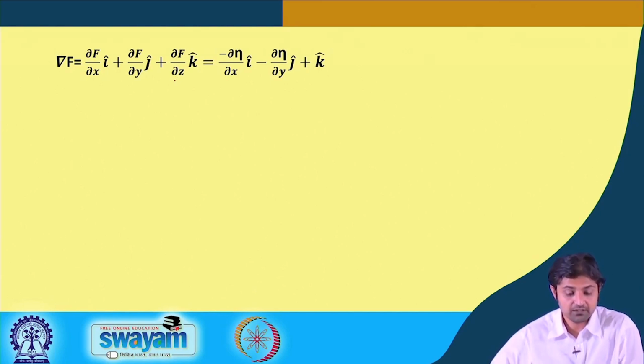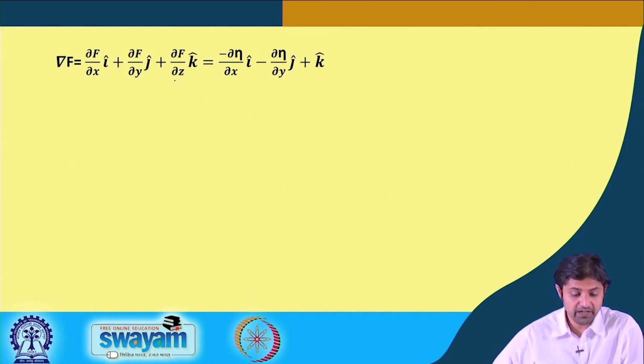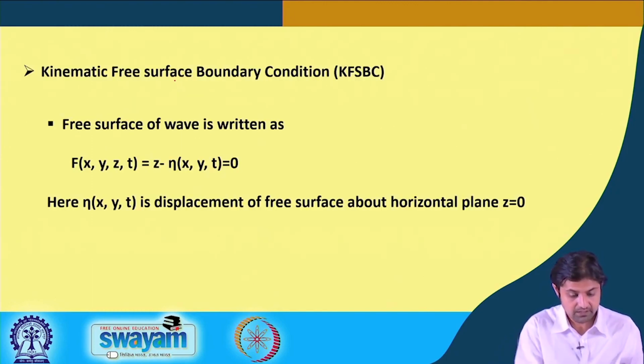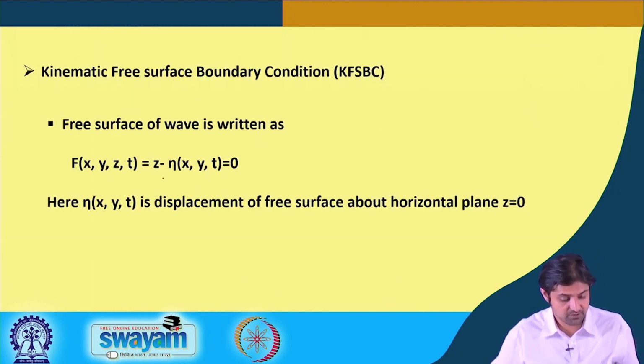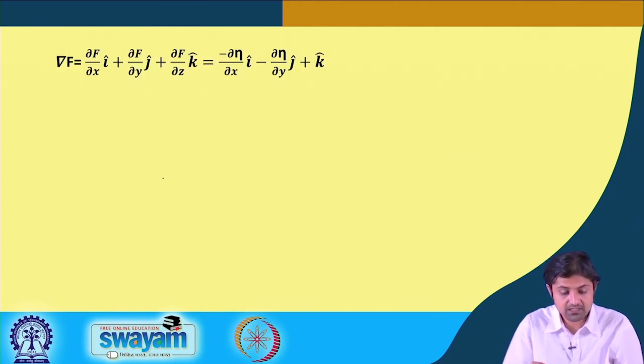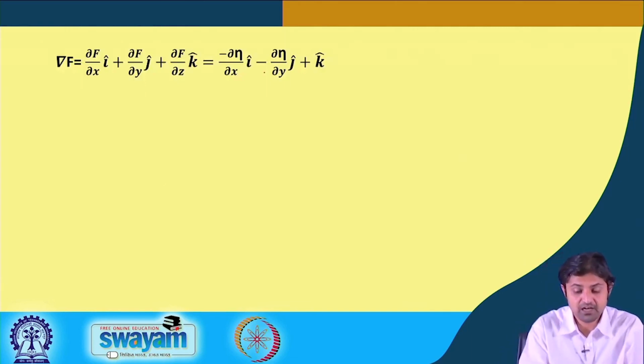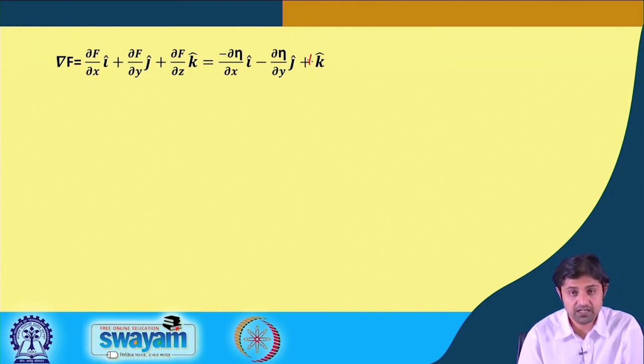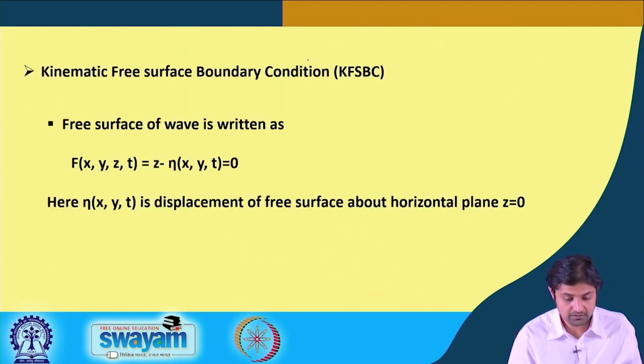If we put f as z minus eta x y t, then we get minus del eta del x i cap minus del eta del y j cap plus k cap. Because it will be 1 dot k cap, because we had the term z here, alone term z.